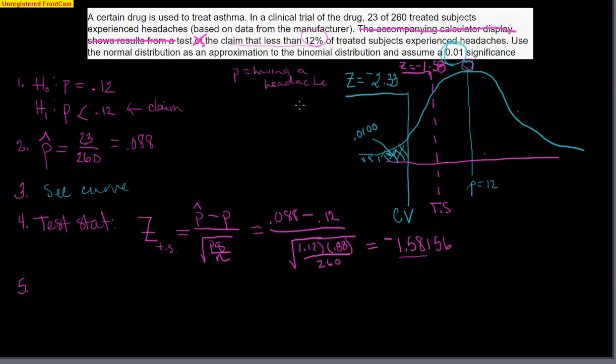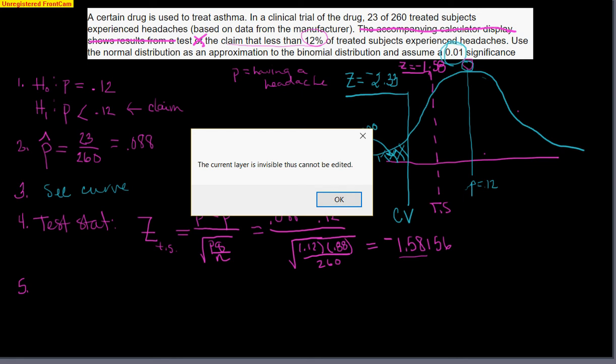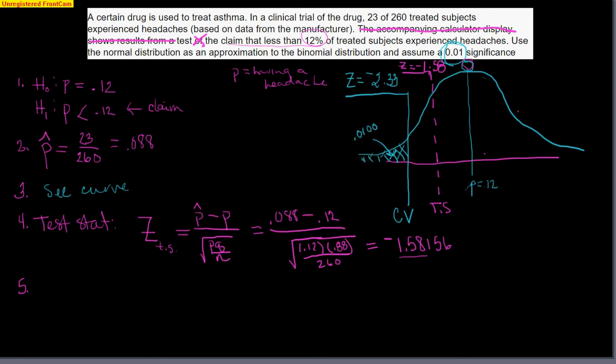It is not in this blue area. It is to the right of it. It is not in the critical space. So therefore, for this problem, we have to fail to reject the null.